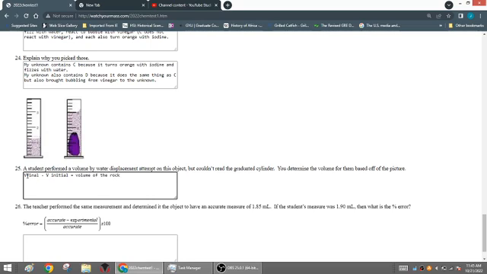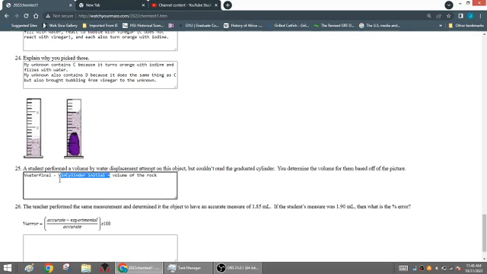And I guess I should say volume of water final minus volume in the cylinder initial. Volume in cylinder initial is 1.20, looks like.